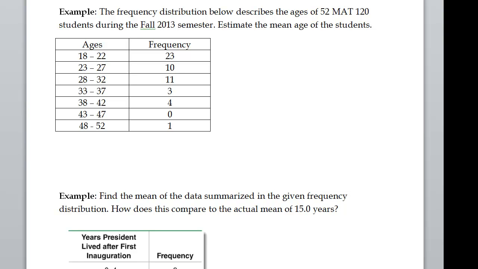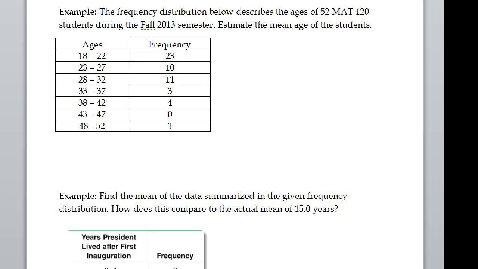Hopefully you saw the video on it, where we've got ages of our Math 120 students, 52 students, and the frequencies. We've already prepared this frequency distribution. A frequency distribution is a tool that separates our data into classes, and then from those classes we count how many values fall within each class.